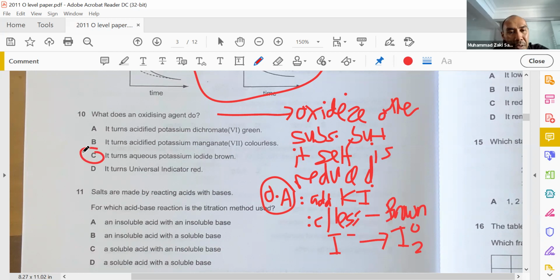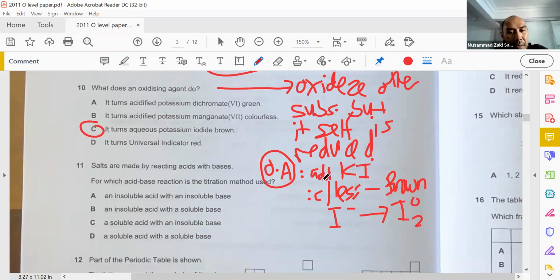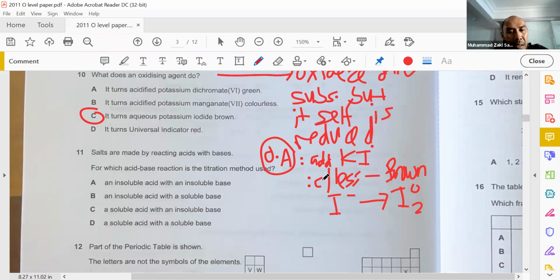Please pause the video if you find this a little bit confusing, and check your textbook. Next. Salts are made by acids reacting with bases. For which acid-base reaction is the titration method used?